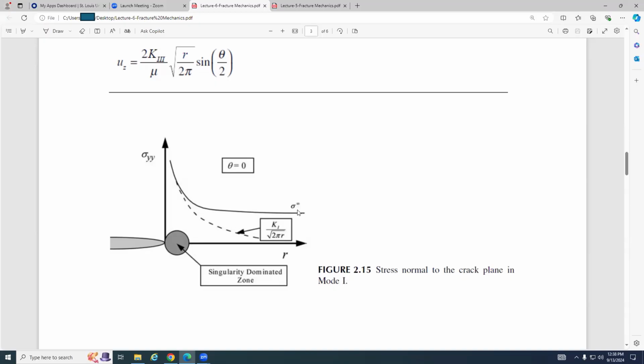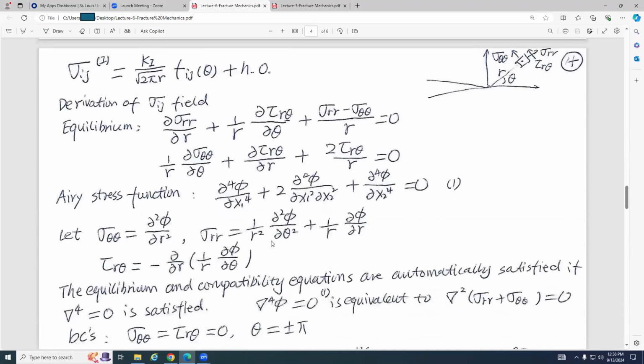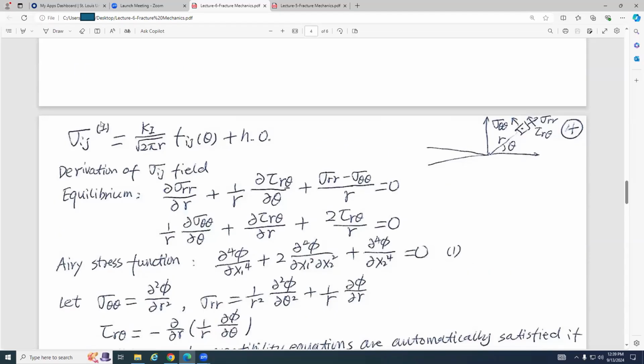Questions so far? No questions? And here is the derivation. This derivation is very entertaining for math students. We will go through it very quickly, but if you are curious, take a look. I know a lot of students feel bored now. For mode 1, sigma ij equals K1 over square root of 2 pi r times fij of theta, plus higher order terms.